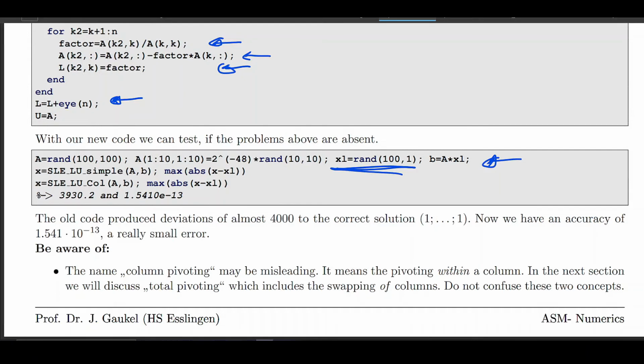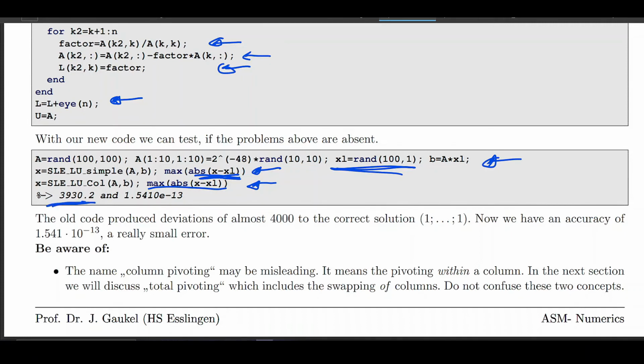Okay, let's use this time not ones for the XL because of all these swapping operations, and maybe it would be better to have different numbers here in XL. So let's call LU simple, and let's check the difference of our solution with the correct solution, and then let's call our modified version, and then let's check what's going on here.